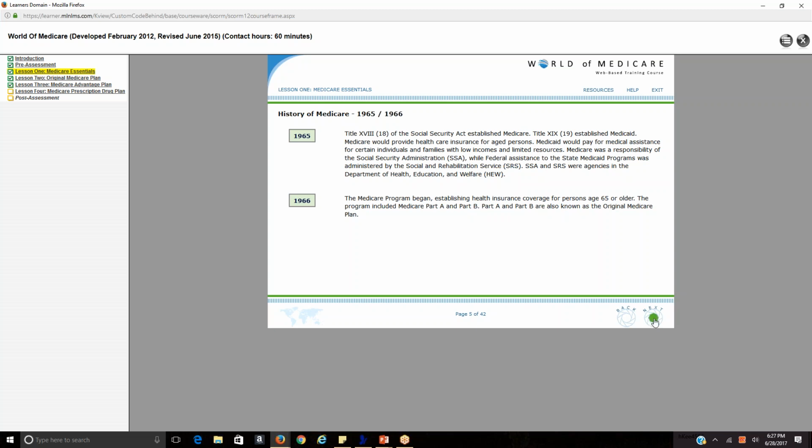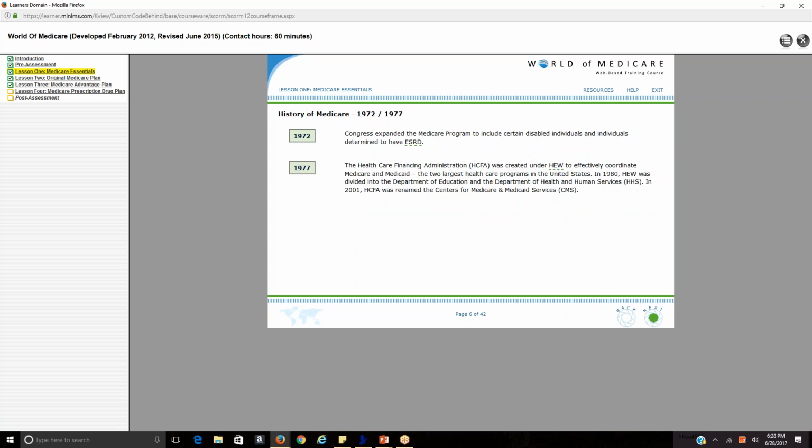So original Medicare is Medicare Part A and Medicare Part B. In 1972, Congress expanded the Medicare program to include certain disabled individuals and individuals who had ESRD, end-stage renal disease. So while Medicare was in force since 1966, it wasn't until 6 years later that they expanded it to include people on disability and people with ESRD.